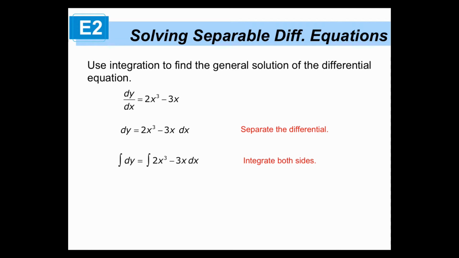Would they both have a plus c? We don't need to because it's an indefinite integral. So on the left, it's going to be y plus c? You're asking if the left side is y plus c.